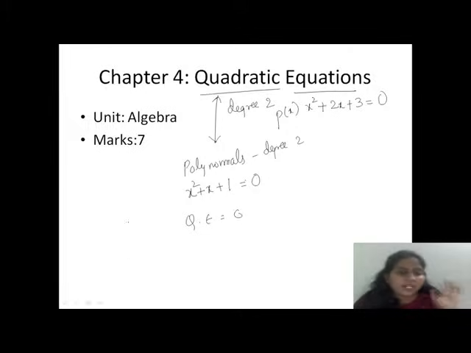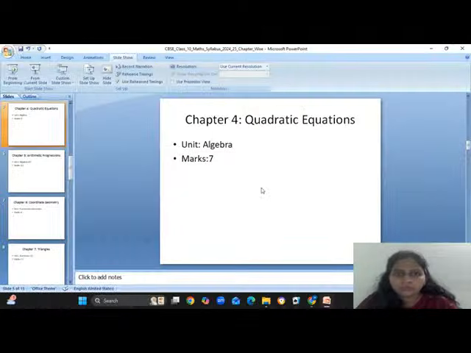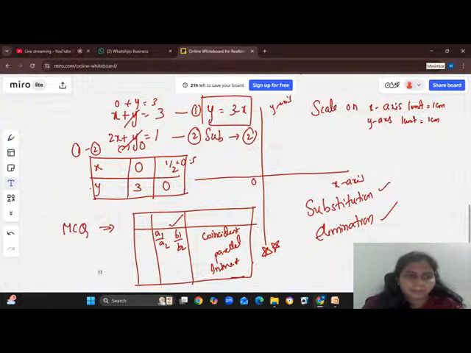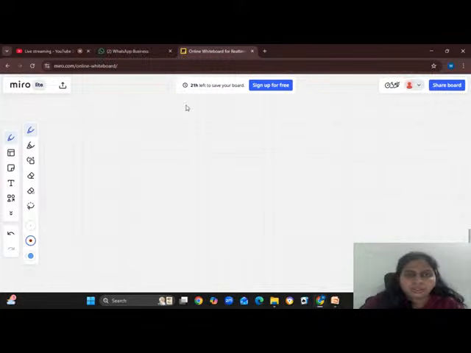Done. So now let us see what are the important questions that might be asked from the exam point of view. There are only two main things that have to be noted in this quadratic equation. Let me show you. So quadratic.